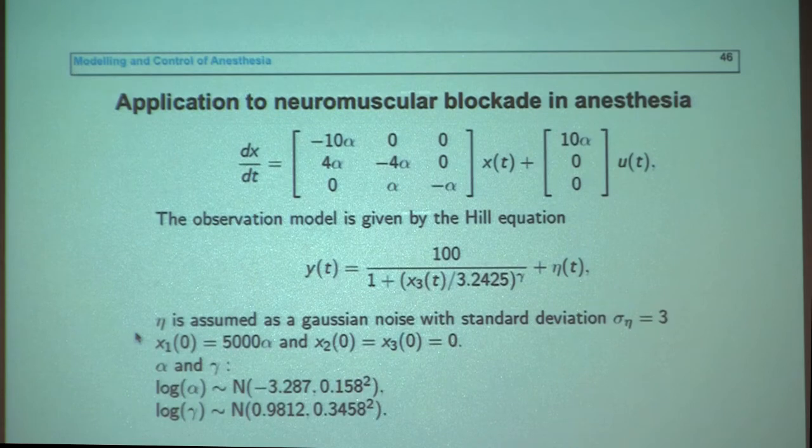For example, going to anesthesia. Now, instead of having a compartmental model, I have one model in which I only have this parameter alpha. Actually, there are works that show that this alpha represents well a big class of patients. And I have the Hill equation.